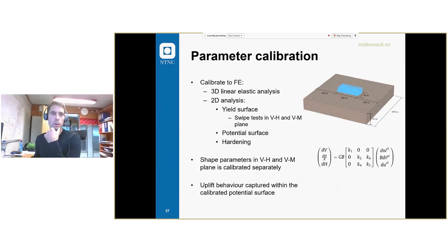And you also have to calibrate the other parameters in the model. You can do that by FE program, either 3D linear elastic analysis for elastic parameters, and 2D analysis for the yield surface, swipe testing like we saw on the last slide, and you define the potential surface and the hardening.